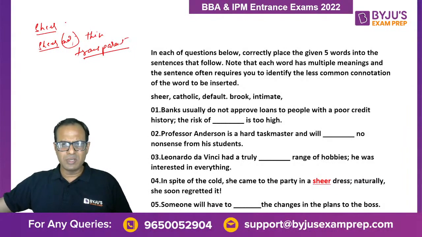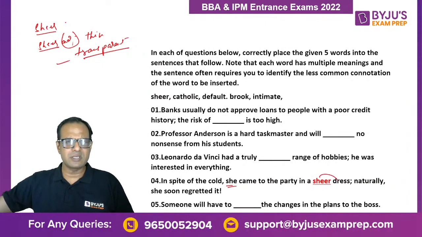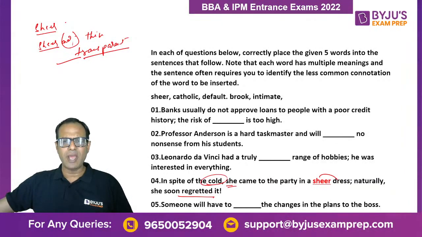Now this woman, what did she do? She came to the party in a sheer dress. Naturally, she soon regretted it. Why? Because it was cold and she thought then that it was a bad idea to wear a sheer dress in the party. So that is sheer for you.